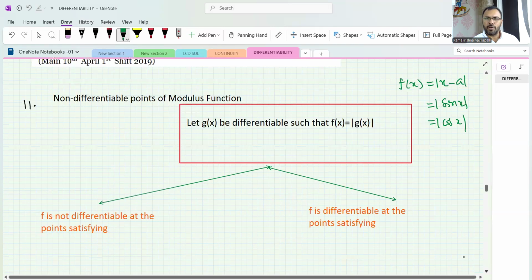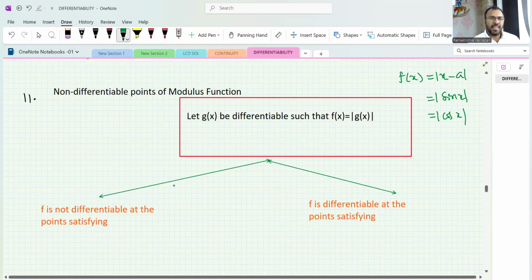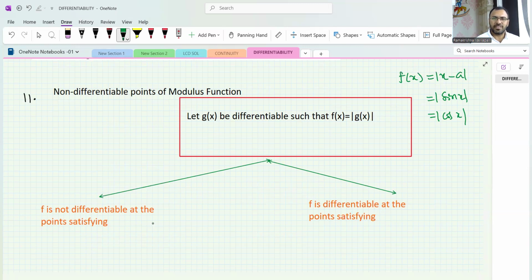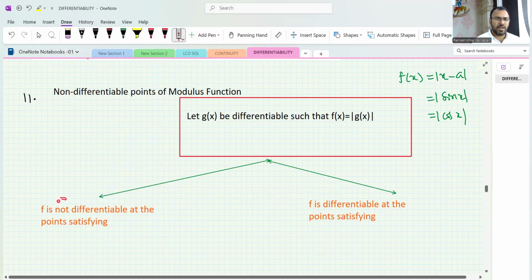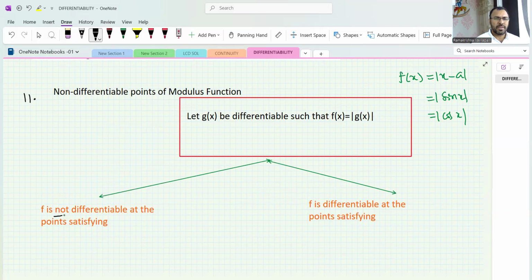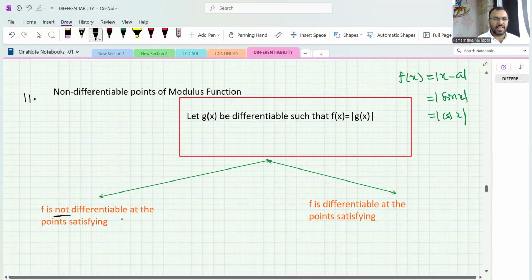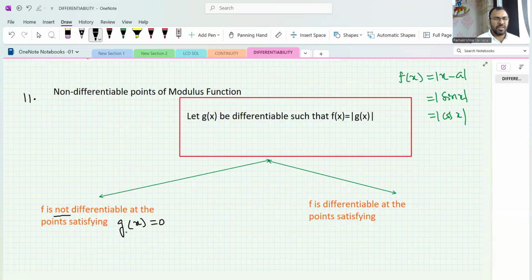According to the above theorem, remember, we are going to find the non-differentiable points. f is not differentiable at the points satisfying g of x equal to 0, and at those points the derivative is not equal to 0.